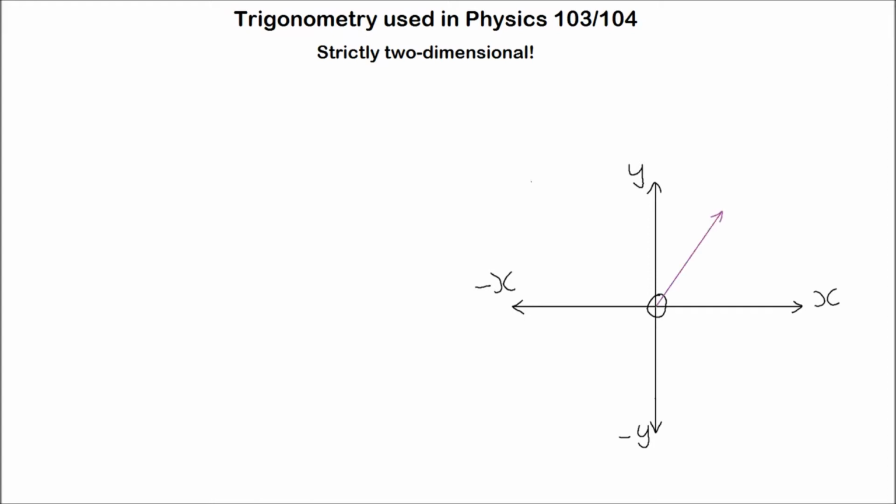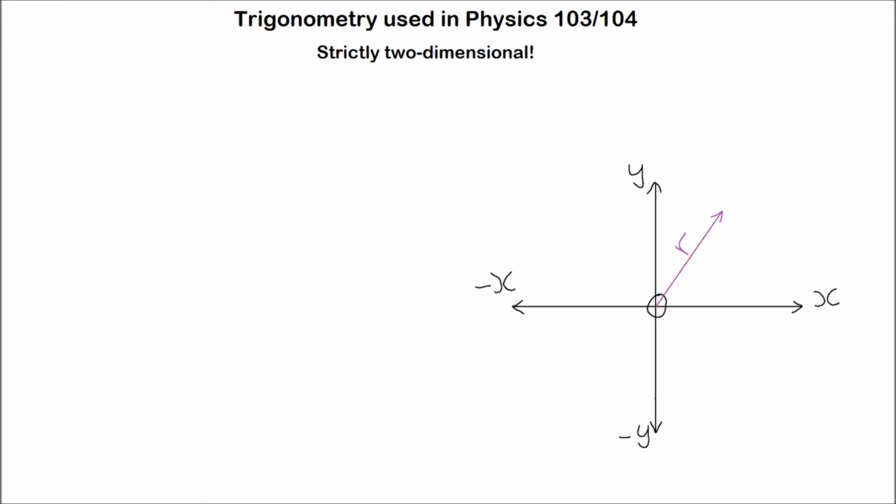In physics, we often deal with vectors, and in two dimensions these are represented as arrows, and one is shown here in purple, and I'm going to call this vector r because it's kind of like a radius of a circle.